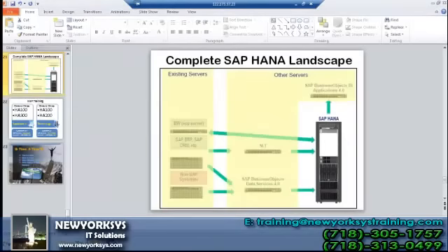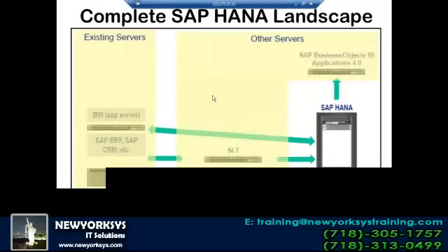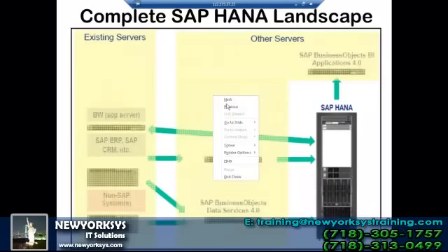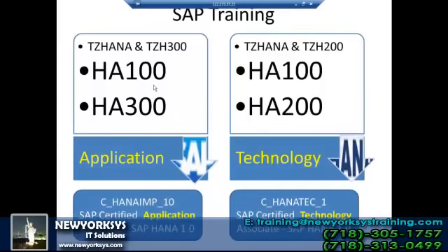Right now with the SP4 version we say HA100 and HA300, but earlier it was TZ HANA and TZH300, where TZ HANA is replaced by HA100 and TZH300 by HA300. As of today, I have HA100 and HA300 as a printout, a hard copy, but TZ HANA and TZH300 I have as a soft copy.